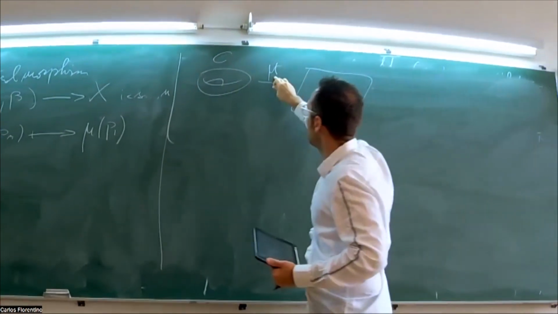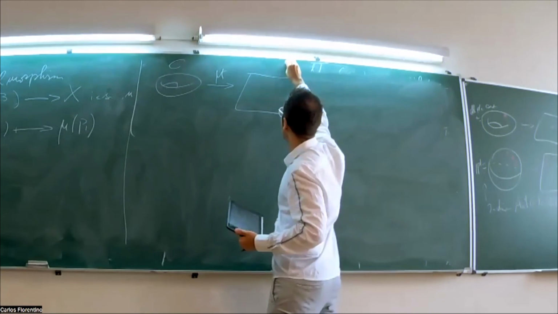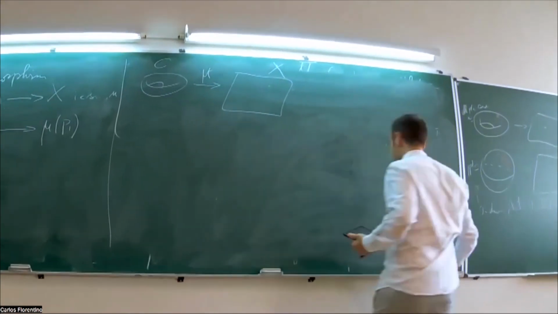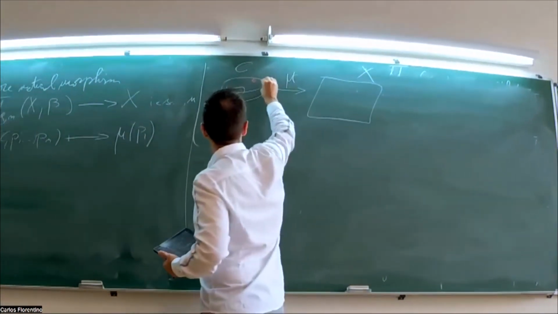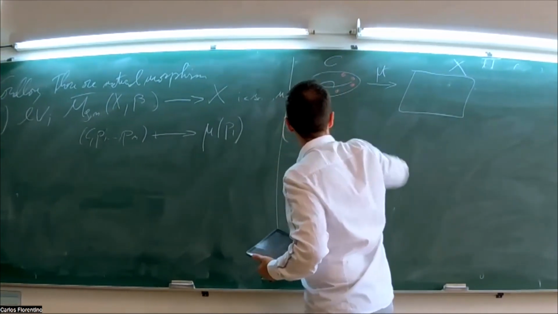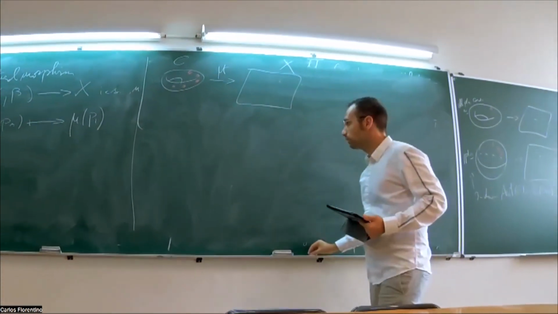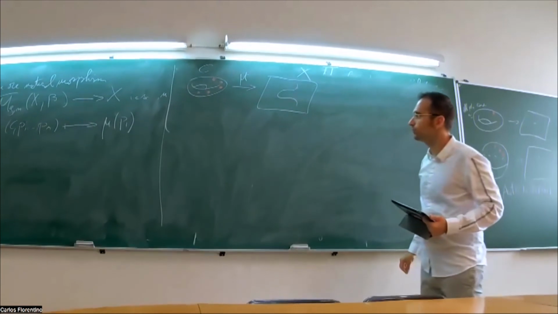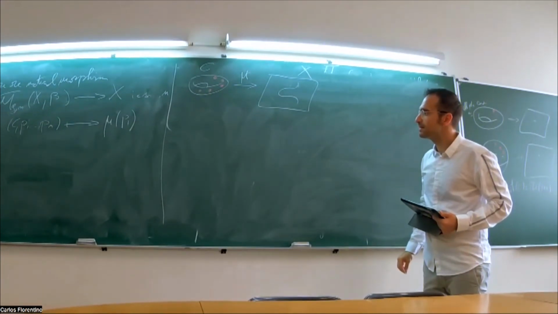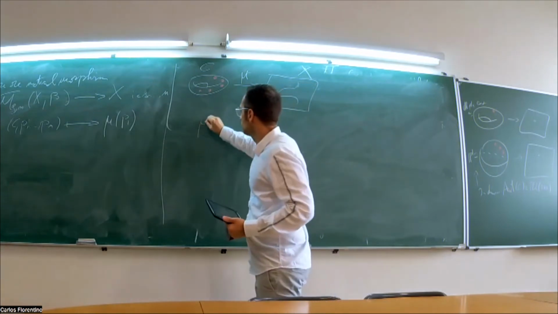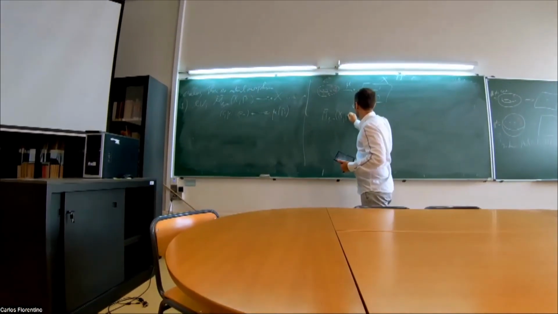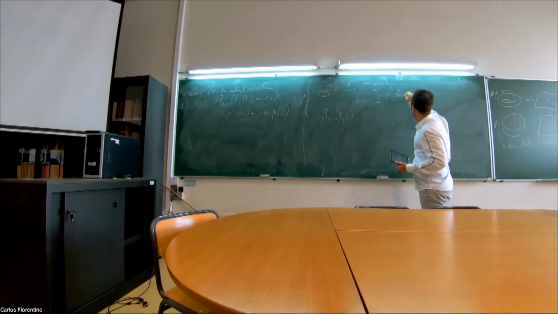A curve C, a map mu from C to X, which is stable. So we have the domain of mu, which is C, with n marked points, and eventually the image of mu, where mu_*[C] is beta.